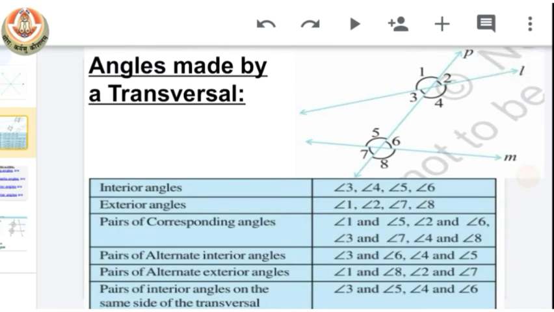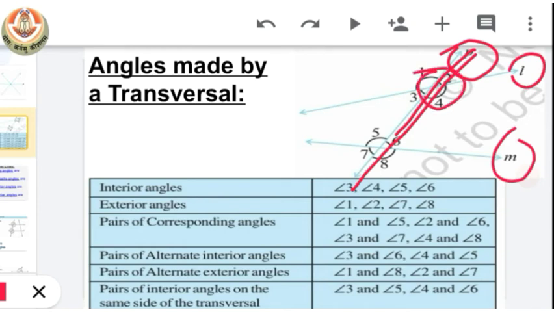Now, in this series of learning about transversals, we are going to learn how many types of angles are made by a transversal when it intersects lines. So let's take a transversal P that intersects lines L and M at two distinct points.